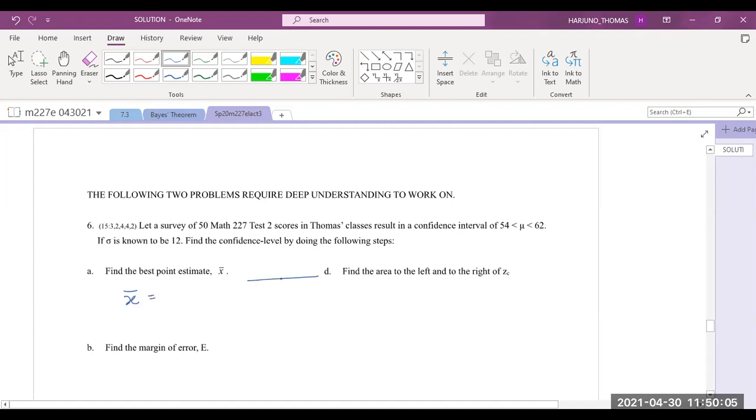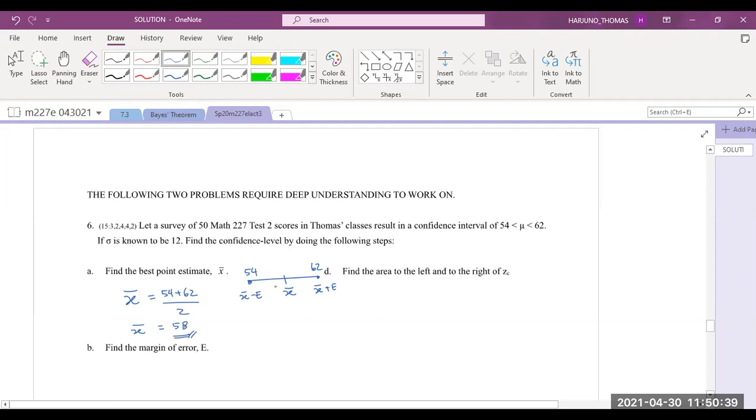Because the best point estimate X bar plus the margin of error gives this, and minus the margin of error gives that, right? Now this 54 is the lower bound, 62 is the upper bound. X bar is the midpoint. So with the midpoint formula, 54 plus 62 over 2, that will give you 58.